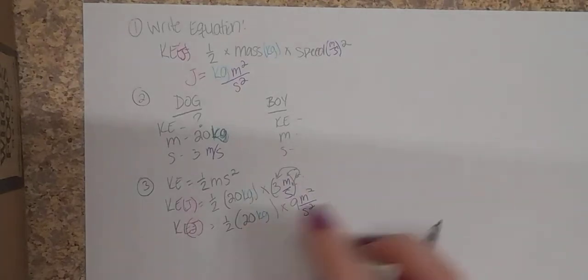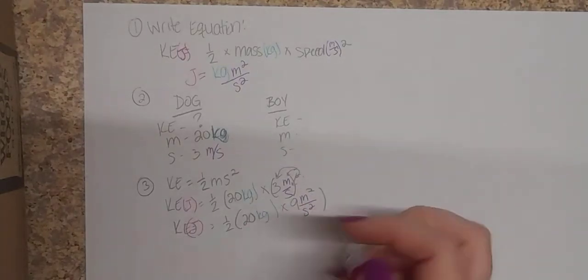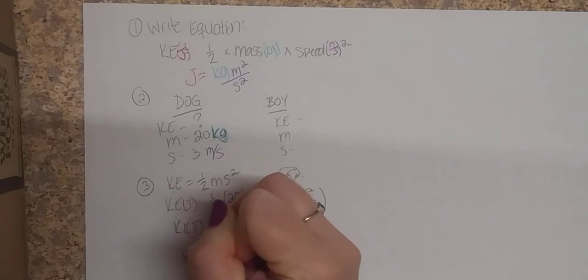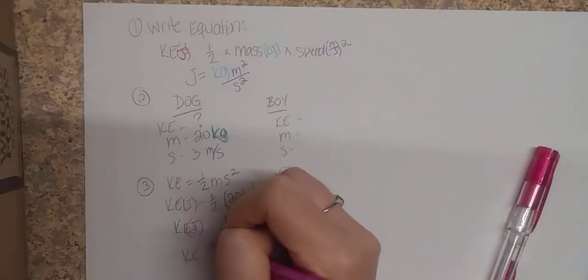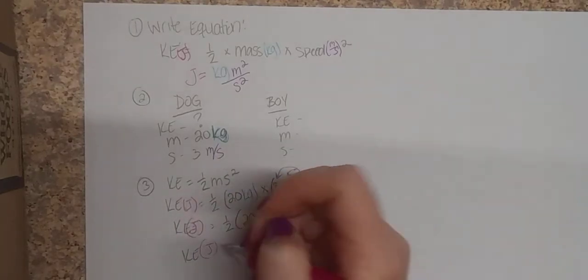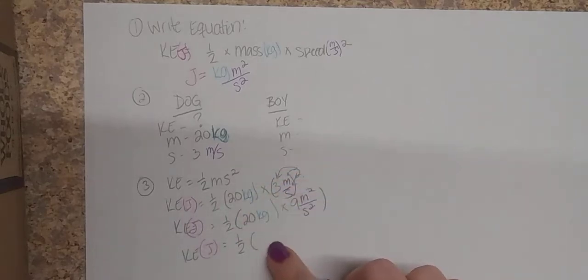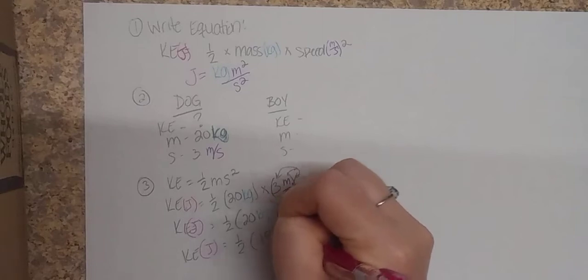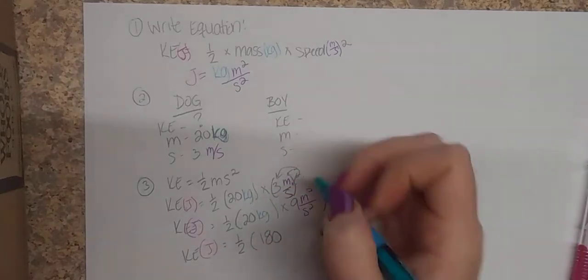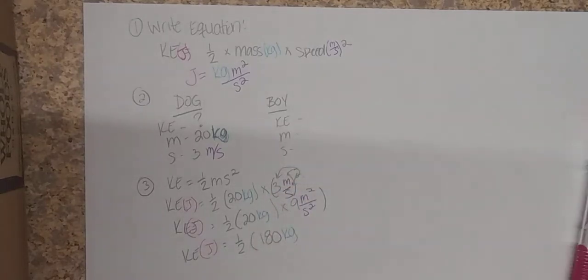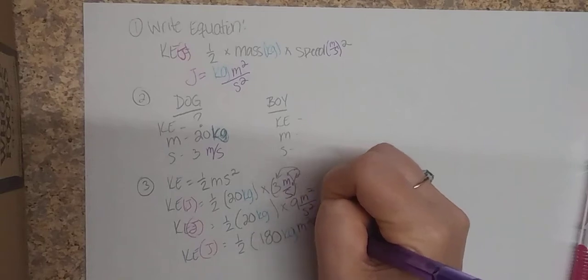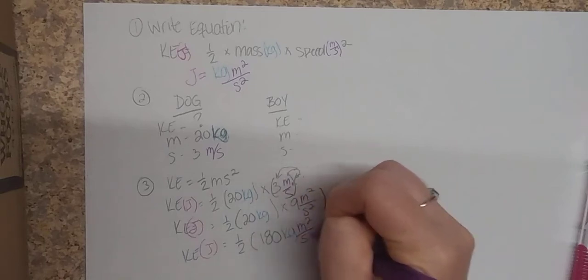Now I'm going to take my 20 times my 9. So we have kinetic energy, in joules, equal to 1/2 20 times 9 is 180. Bring our units back: kilograms, meters squared per second squared.